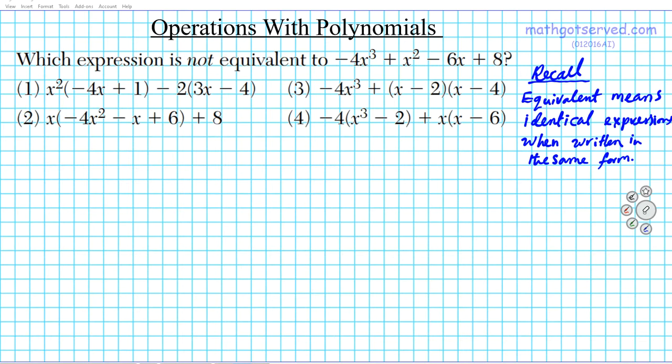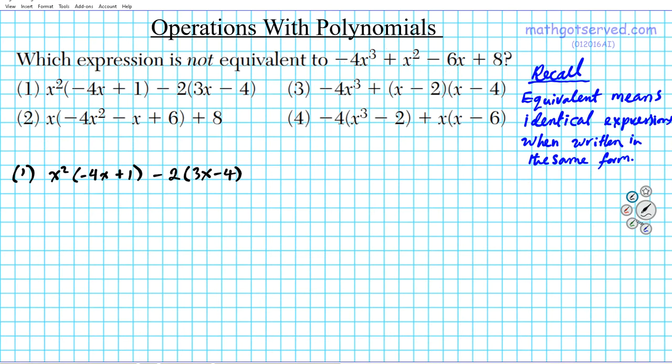Let's start with option number 1. For option 1, we have x squared times the quantity negative 4x plus 1 minus 2 times 3x minus 4. We're going to expand this completely, write it in standard form, and see if it matches this cubic polynomial expression with 4 terms.